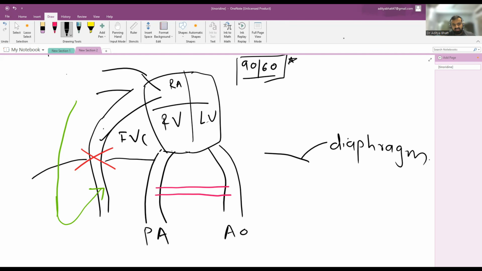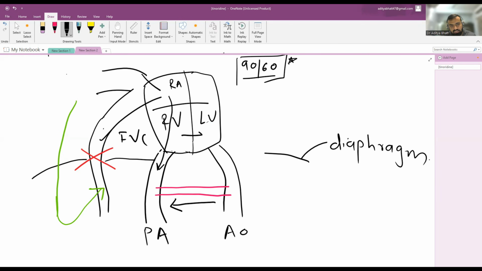So if the direction here, commonly the direction is from the left to right side, what will happen if you open the ductus? If you keep this ductus open, what will happen is the blood is coming from here. Okay, the blood is going this way. Now imagine there is either presence of a VSD and ASD for survival.